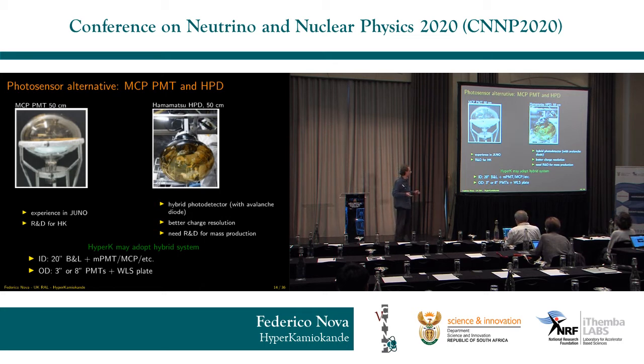So let's say half of them are 20-inch Box-and-Line, and the other half is some combination of multi-PMTs or something else, while the OD is a combination, as yet undefined, of 3-inch and 8-inch PMTs embedded in a wavelength shifting plate that traps the light through total internal reflection and thus increases the light acceptance. But we cannot use this trick on the ID because it spoils the time resolution, because you have to wait for the photons to propagate through the plate.